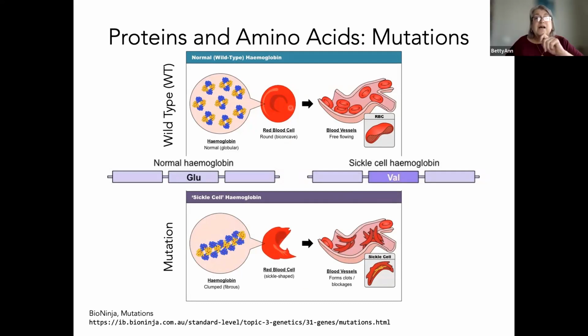Instead of a nice disc that flows freely, the sickle-shaped cell does not flow through the blood vessels well at all. It clumps up and forms blockages. It's a bad deal, and that's with just one amino acid changing from glutamate to valine.